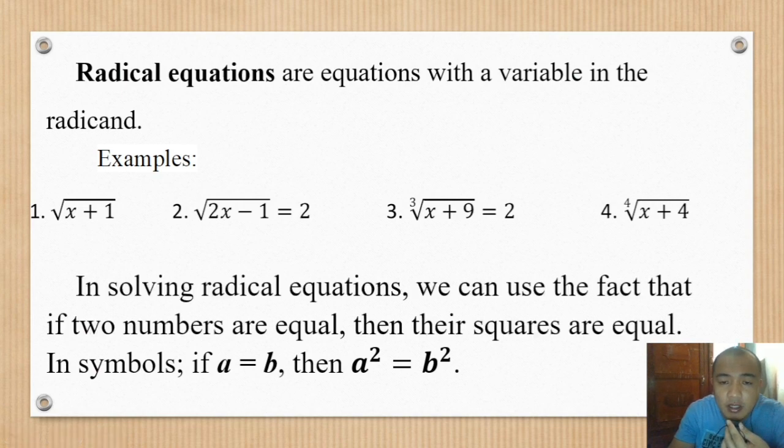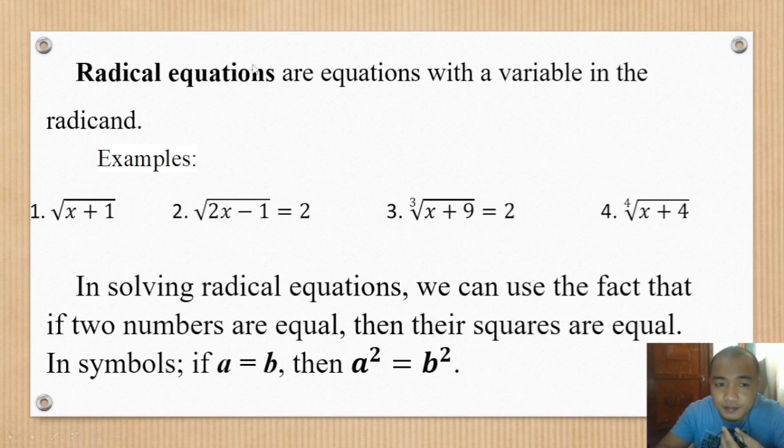So in solving radical equations, we can use the fact that if two numbers are equal, then their squares are equal. In symbols, if a equals b, then a squared equals b squared. Okay? So that's the rule in solving radical equations. We're going to square both sides of the equation.